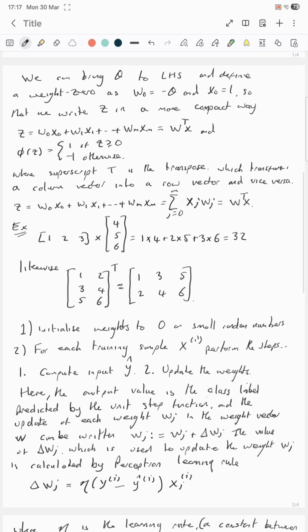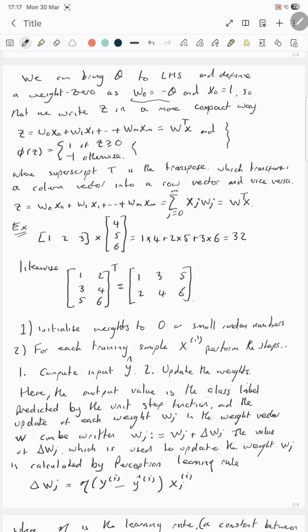We can bring theta to the left hand side and define a weight function as this, where x of 0 equals 1, so that we can write z in a more compact form, which should be more familiar here, which is the Heaviside component.